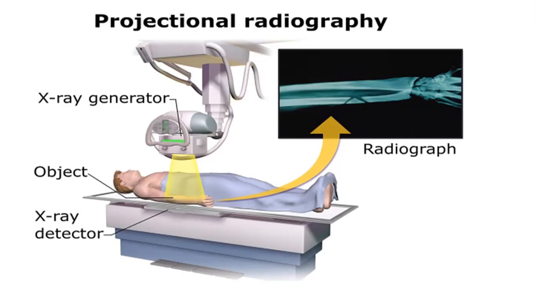This view is most commonly used for visualizing the spine, as in this view the spine is very close to the film plate and the image is sharp compared to the posterior anterior view.